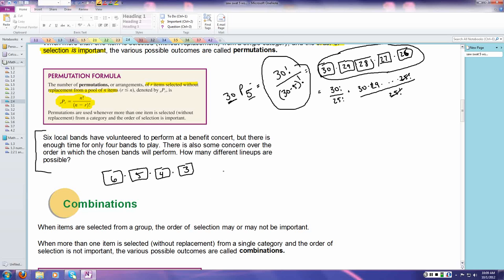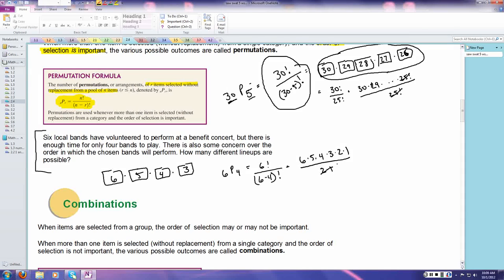Or you can think of it as 6 permutation 4, which would be 6 factorial divided by 6 minus 4 quantity factorial. So then this is 6 times 5 times 4 times 3 times 2 times 1 over 2 times 1.